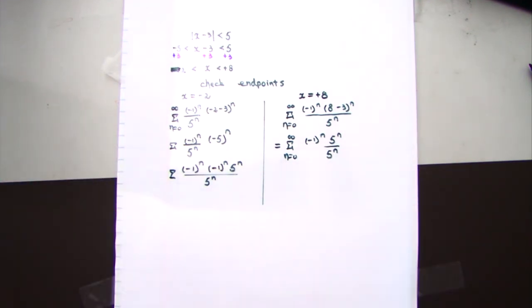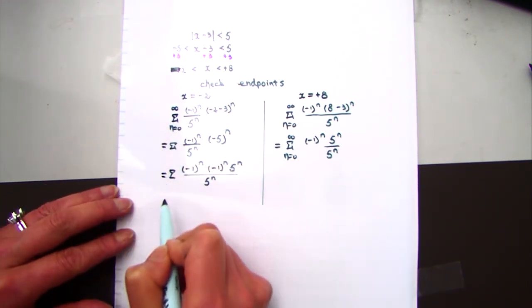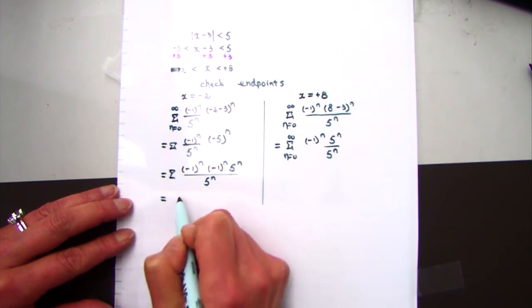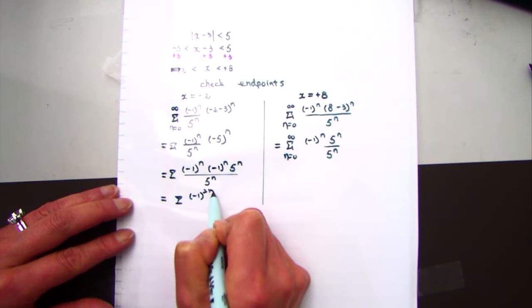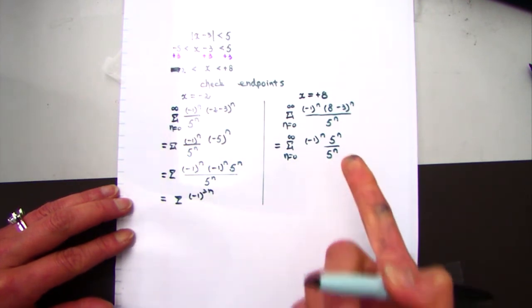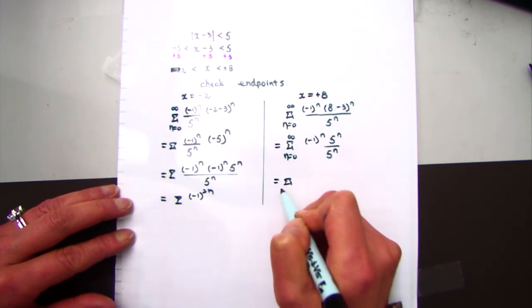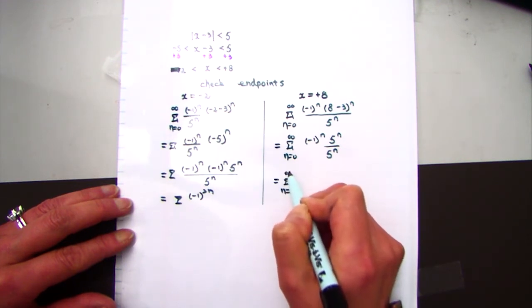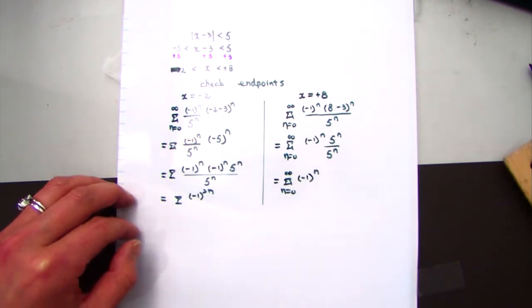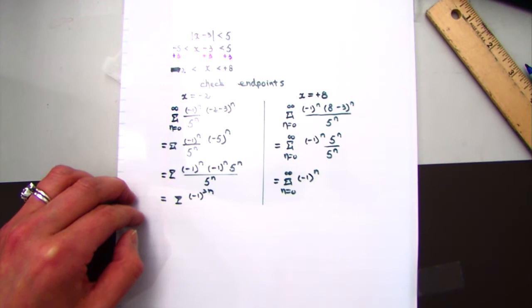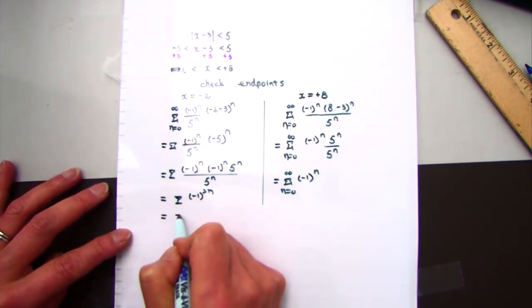Now they are at the same level. Write your equal sign. I'm going to clean up some negative 1 to the 2n. Can you help me?